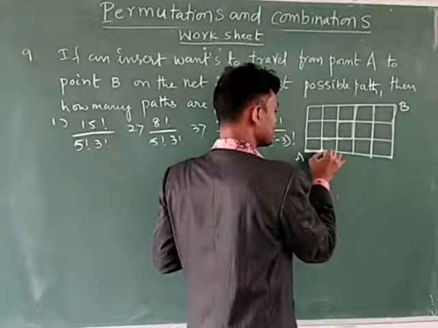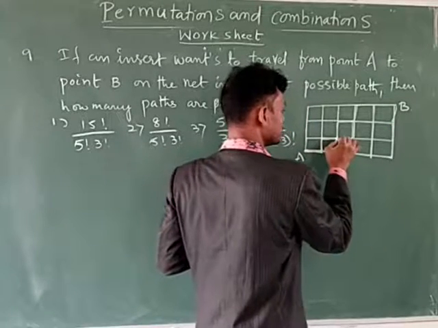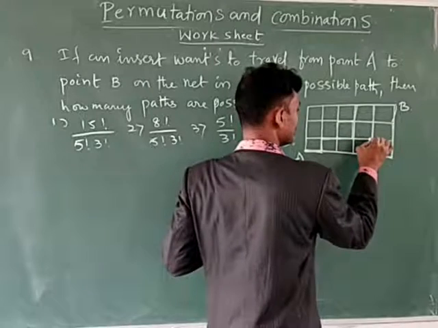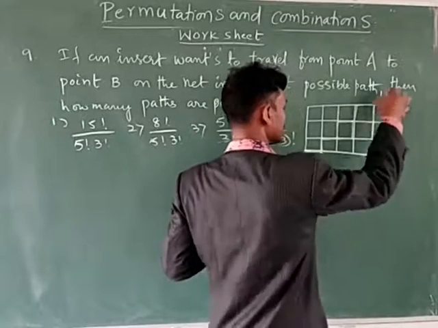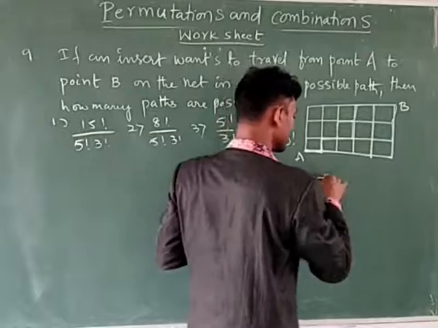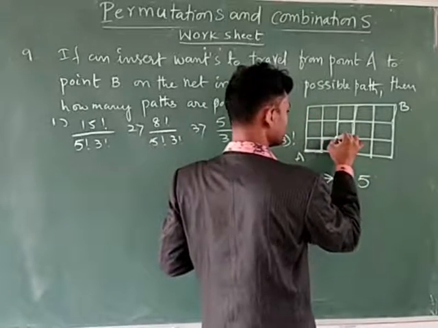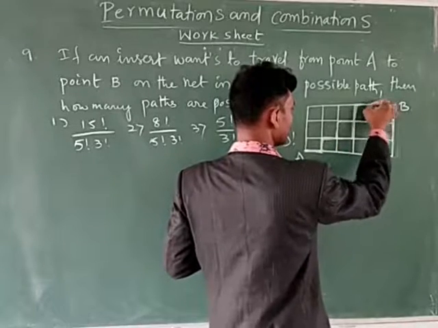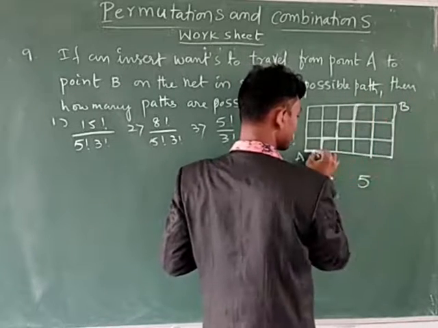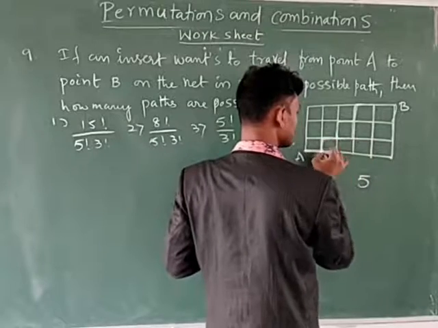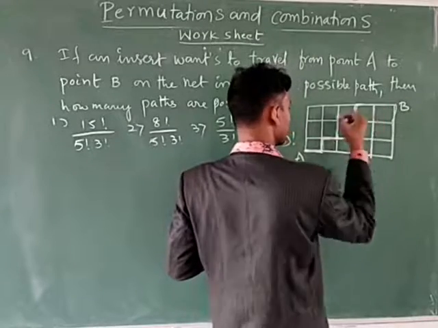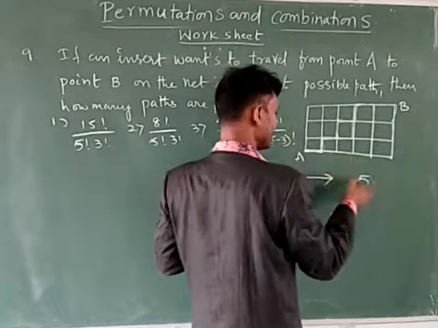Next that path is 1, here 2 3 4 5. Horizontal lines you have to check. Horizontal lines are 5. You can take 1, then 2, 3, 4, then 5. Next you can go straight, 5. You can take it like this and like this also, 5. You have to go anyway, so 5 ways are there.